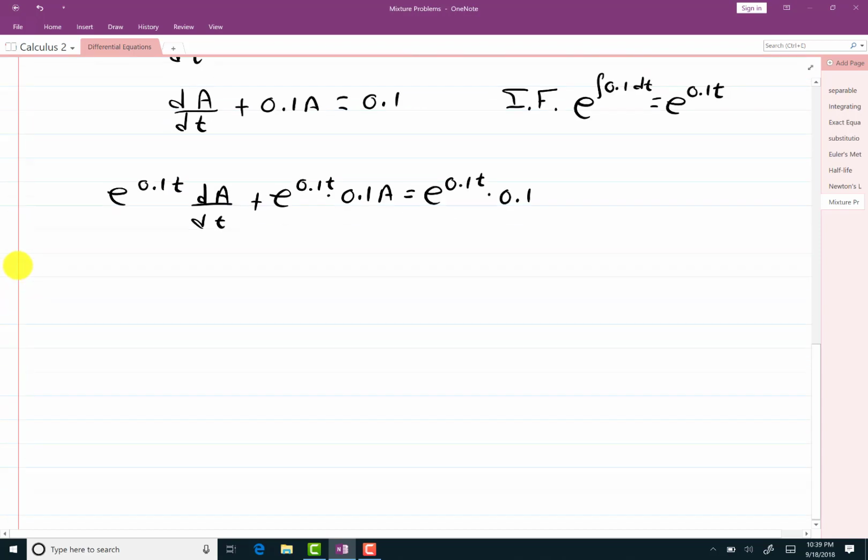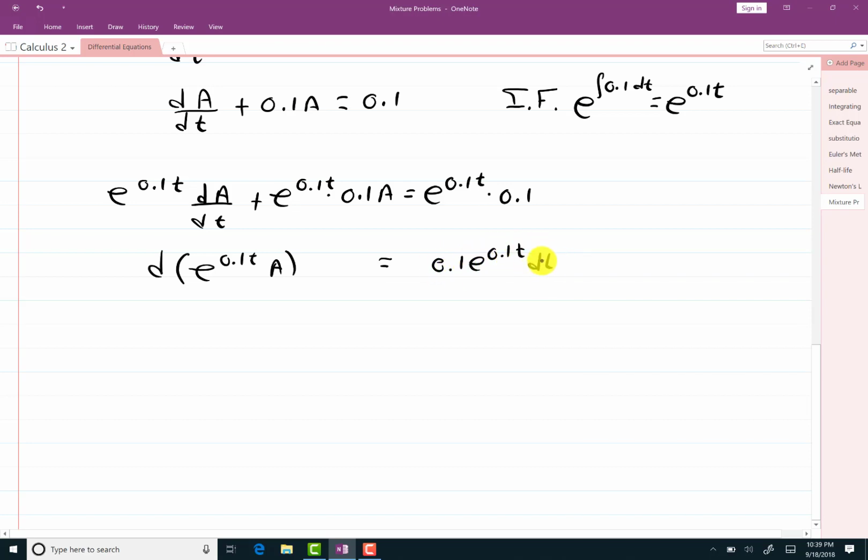All right, and of course, as always, the left side becomes d of e to the 0.1 t times A, and the right side becomes 0.1 e to the 0.1 t dt, and we're ready to integrate.